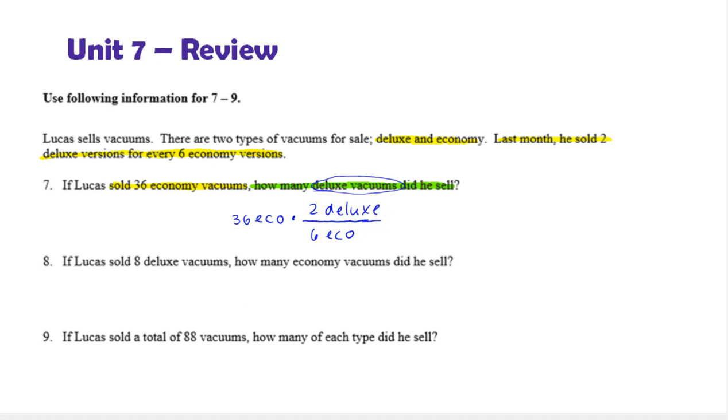Okay, so now when we multiply these, notice that the economy vacuums cancel, so we know we've set this up correctly. If you want, you can think of this as being over 1. And we're going to multiply the numerators, 36 times 2, and the denominator would be 6. We can do this by hand.